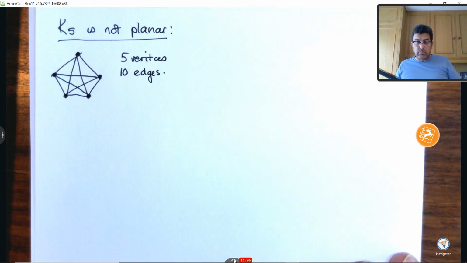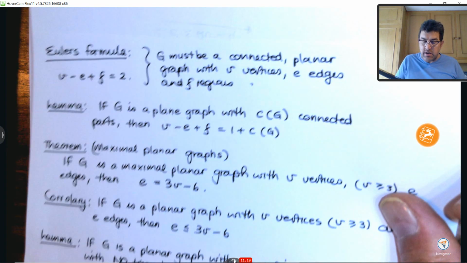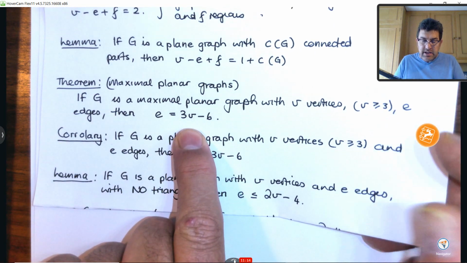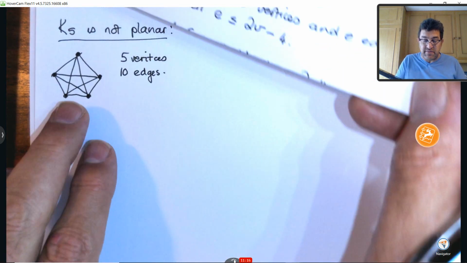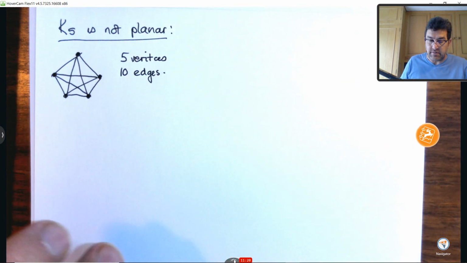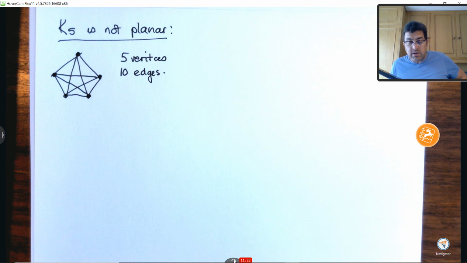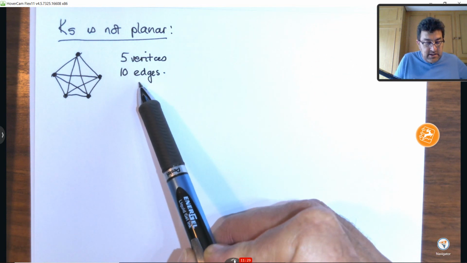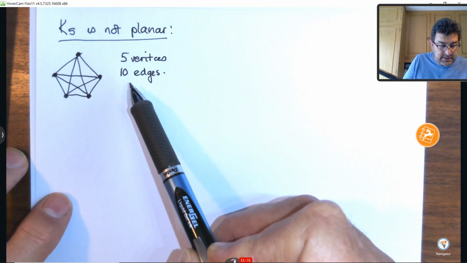And that's all we wanted, because we want the relationship between vertices and edges. Is this a planar graph? It's not. So G is definitely not planar. But what can we say? It has 5 vertices and 10 edges.